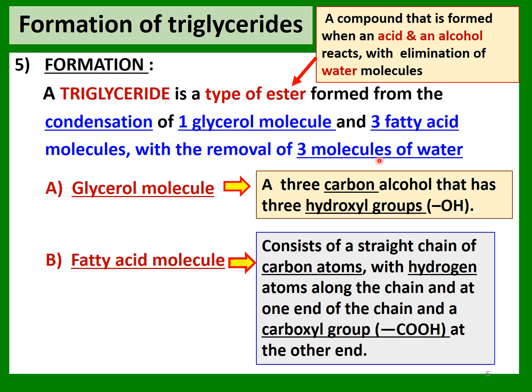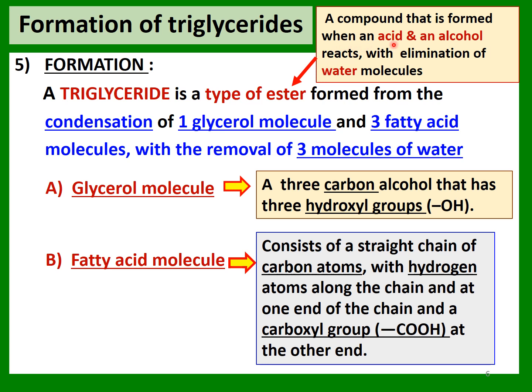Firstly, what is an ester? So in organic chemistry, an ester is a compound that is formed when an acid and an alcohol react together with the removal of water molecules, as in condensation.